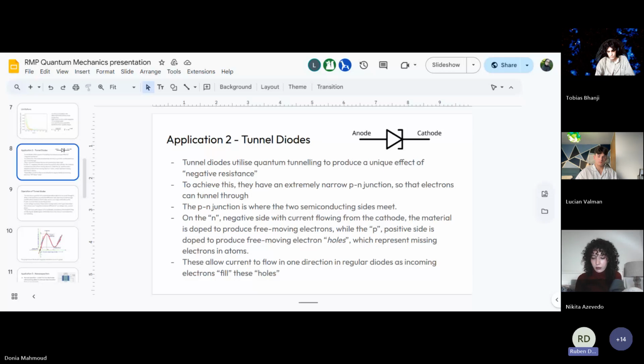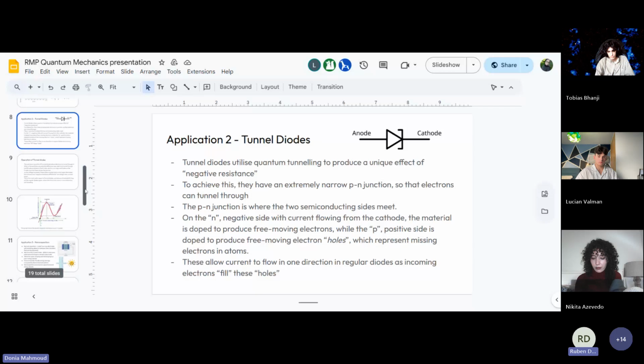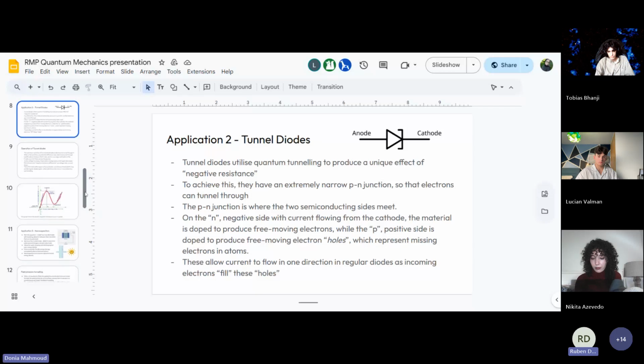On the N side, the negative side, current flows from the cathode, and the material is doped to produce free-moving electrons, while the P side is doped to produce free-moving holes. These represent missing electrons in atoms or other structures, and not actual particles, of course. This allows current to flow in one direction in regular diodes, because electrons come from one direction on the negative side and then fill the holes on the positive side. Can we go to the next slide?